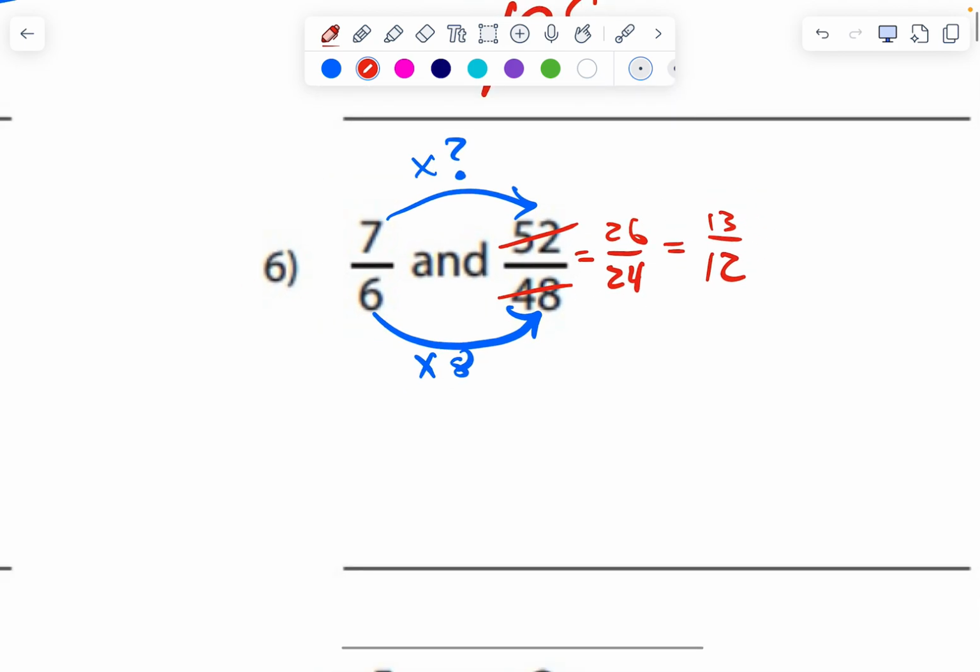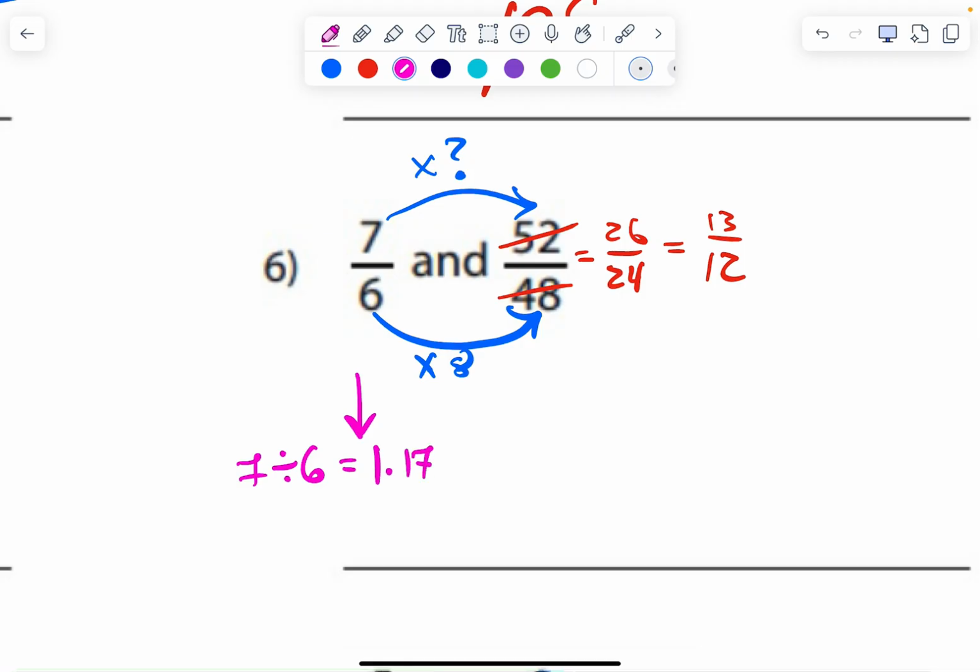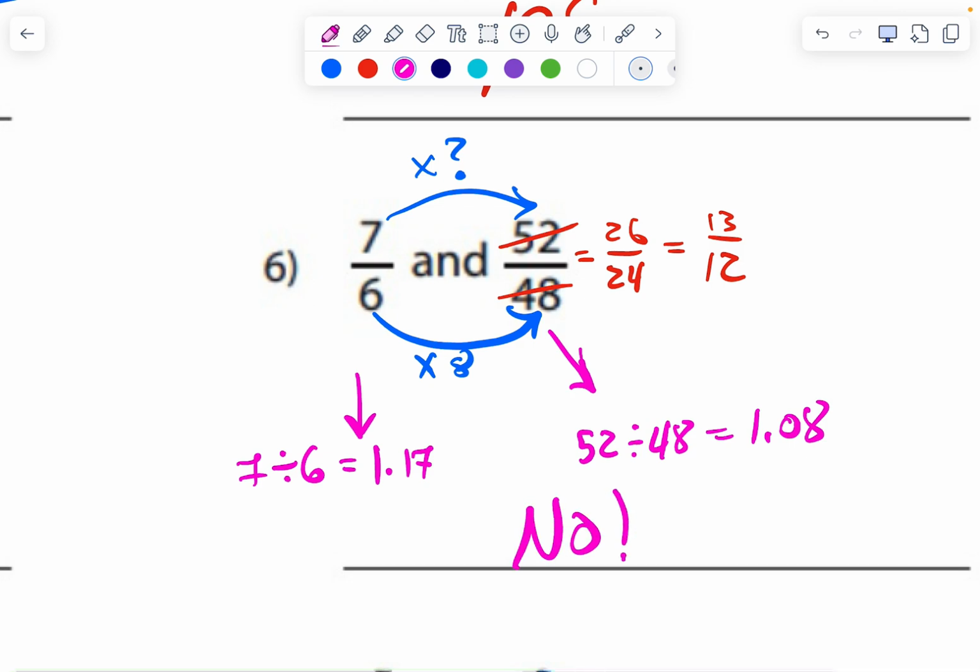Did anybody do the decimal version? I'm guessing calculator girl back there did. 1.17 or so. But isn't it 6 repeating? Yeah. So I'm rounding. Okay, what's this one? 1.08. Okay, so we're probably confident that it's not.